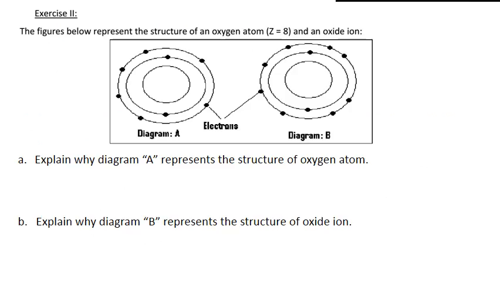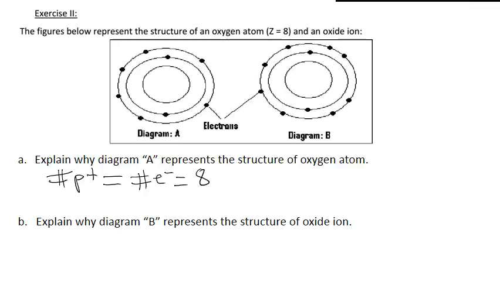Exercise 2. The figures below present the structure of oxygen atom Z equal 8 and oxide ion. Ali, explain why diagram A represents the structure of oxygen atom. Because oxygen has 8 electrons. So the number of protons equal to number of electrons equal to 8.